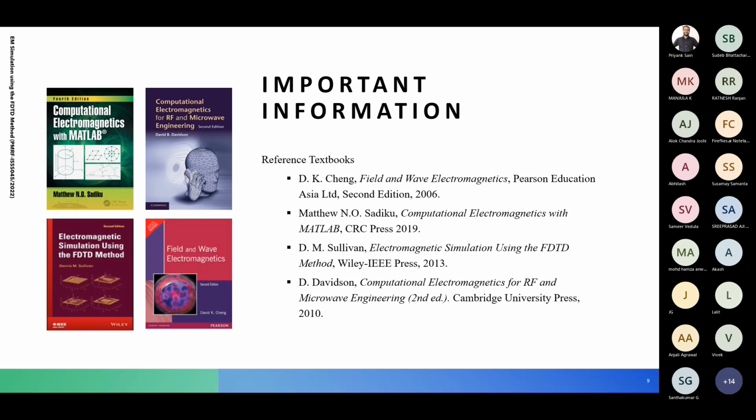For this lecture, the slides have been prepared from the book by Matthew Sadiku, chapter one. For the rest of the lectures, I'll be referring to the books by D.M. Sullivan and David B. Davidson. These two books are on the finite difference time domain method.